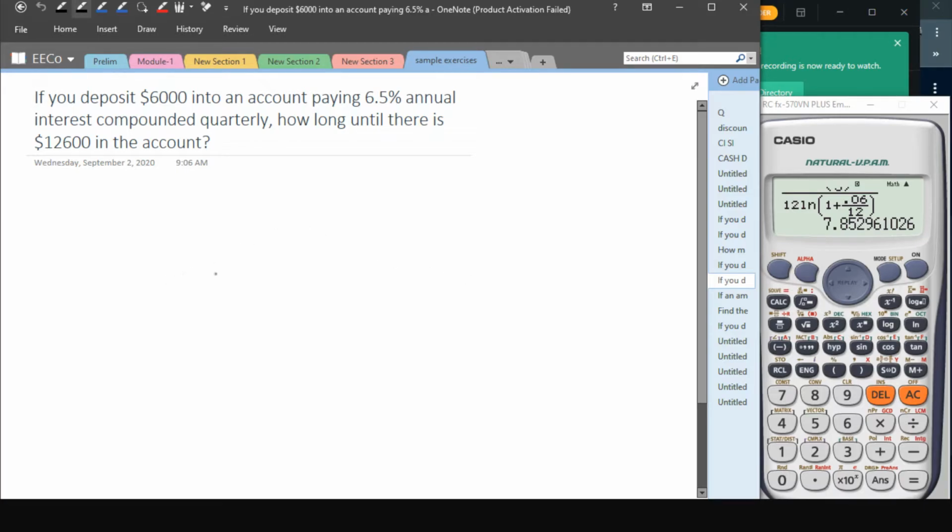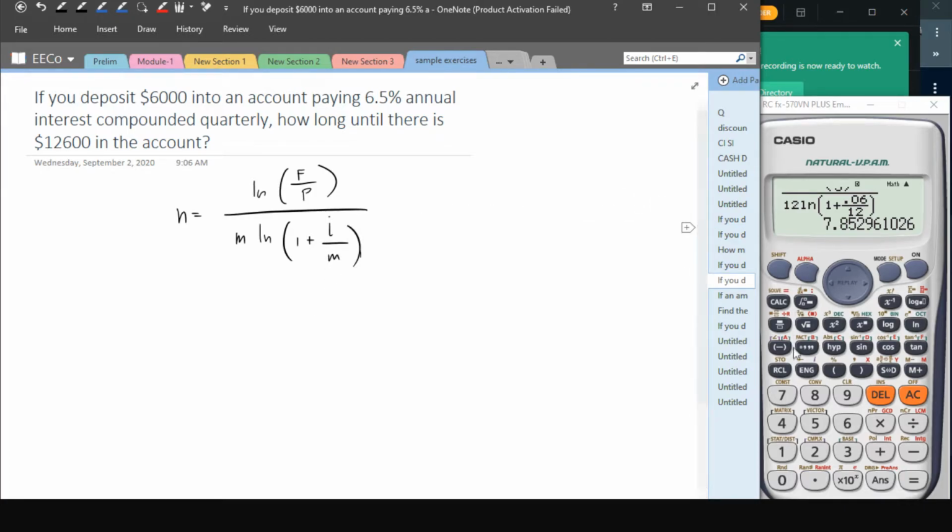Ito, pwede na. You may try it on your own. Eh, ganun din yung solving niya. So, n is equal to, alam nyo na, ln, yung future worth, tapos present worth, divide by yung number of compounding, logarithmic 1 plus i divide by m. Diretso, calculate na lang.